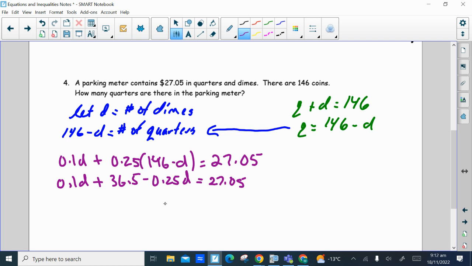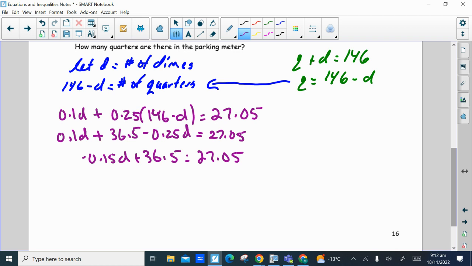I've got two D terms on the left, so I can combine them by subtracting. 0.1D take away 0.25D is negative 0.15D.